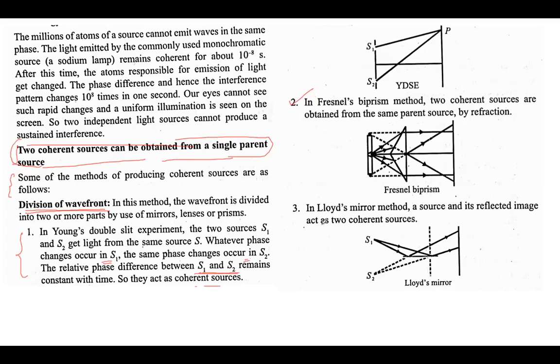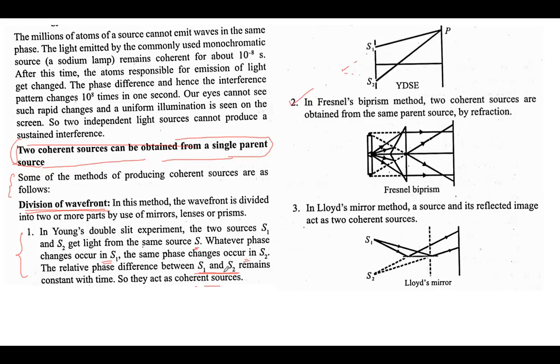तो देखो अलग अलग जगह पे बताया हुआ है. यहाँ पे Young's double slit experiment में the two sources get light from the same source S. ठीक है, तो यहाँ पे सिंगल सोर्स को हम लोग दो पार्ट में डिवाइड कर देते हैं. Whatever phase change occurs in S1, the same phase change occurs in S2.